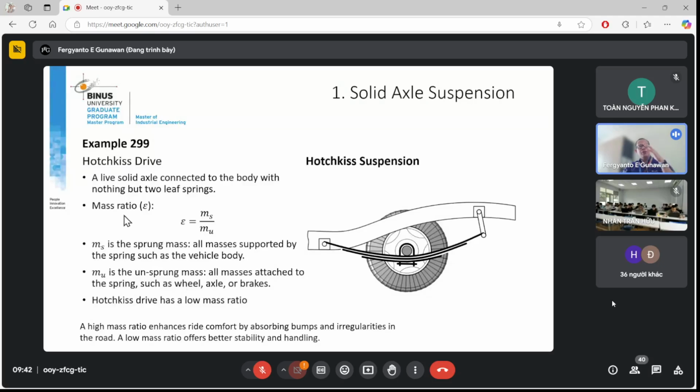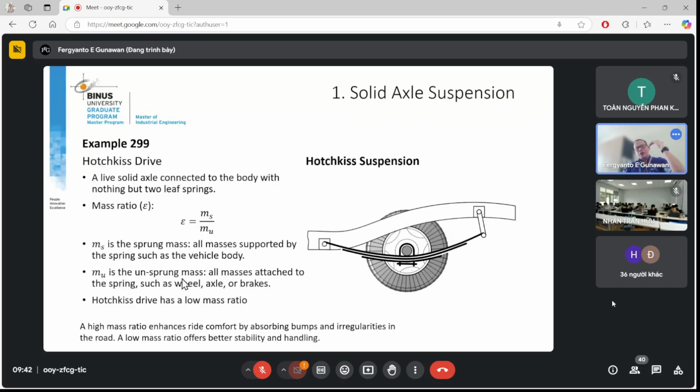called the mass ratio. Mass ratio is essentially MS, which means the mass of the supported system, and MU is what we call the unsprung mass.